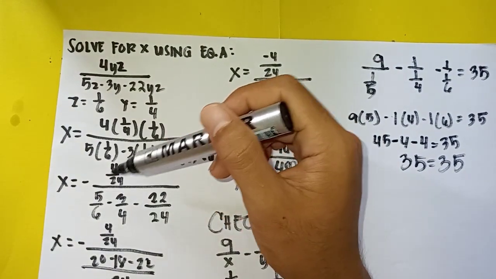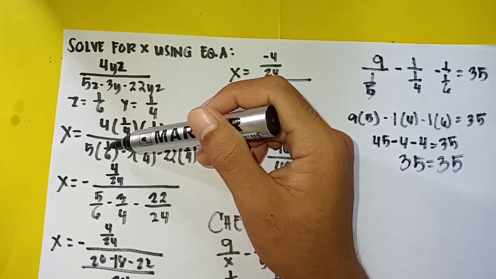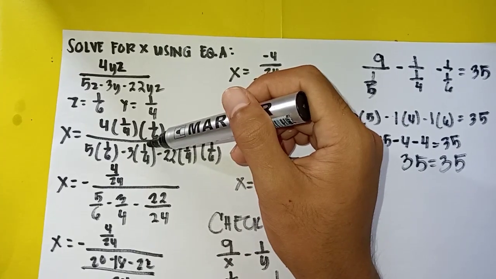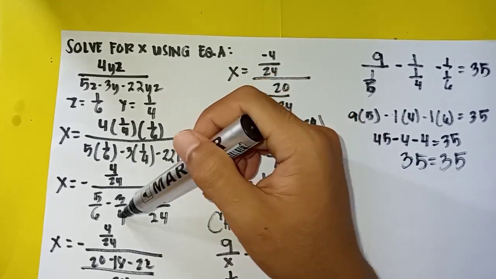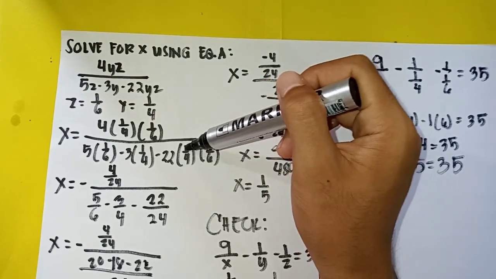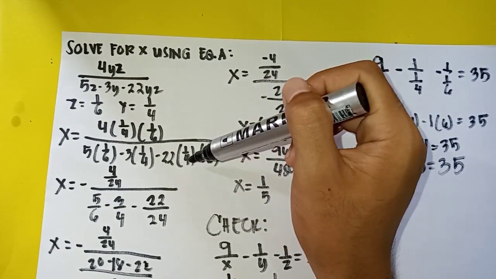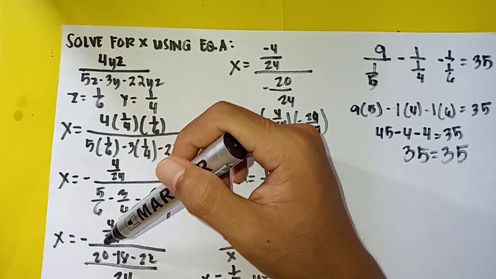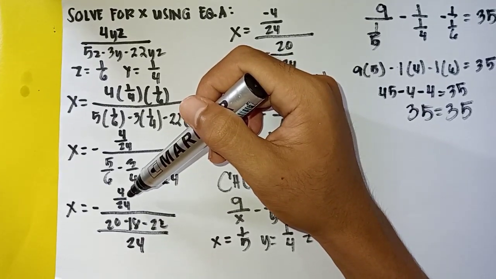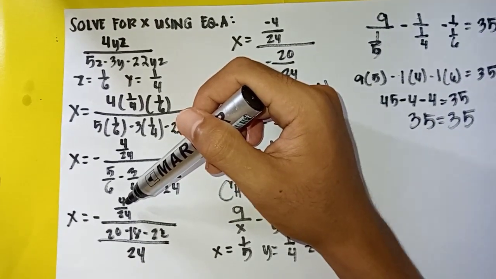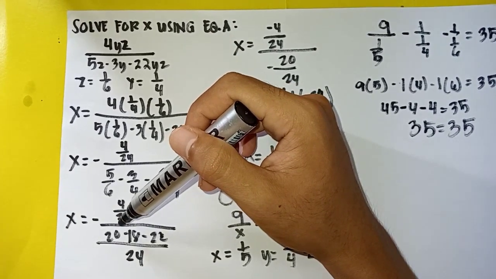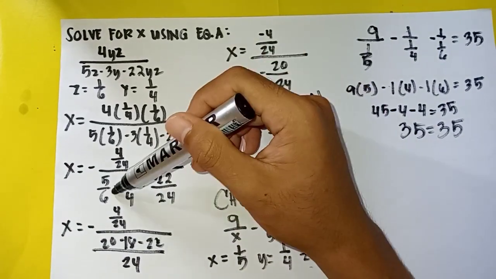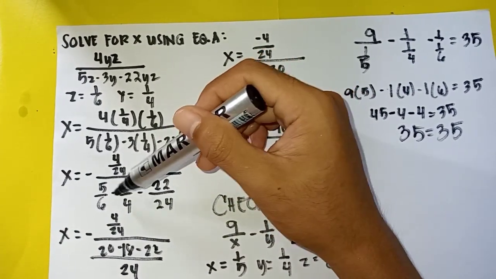So it will be 4 over 24. And then next, over 5 times 1 is 5, and then 1 times 6 is 6. 3 times 1 is 3, then copy 4. Negative 22 times 1 times 1 is negative 22. 6 times 4 is 24. Then 4 over 24 over 20 minus 18 minus 22 over 24. We took the LCD here.